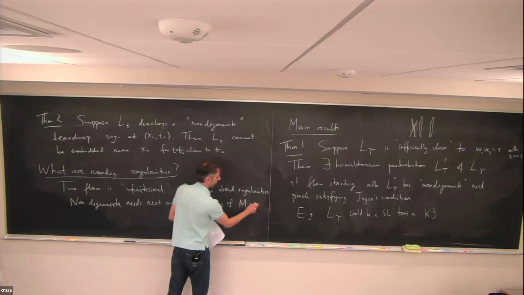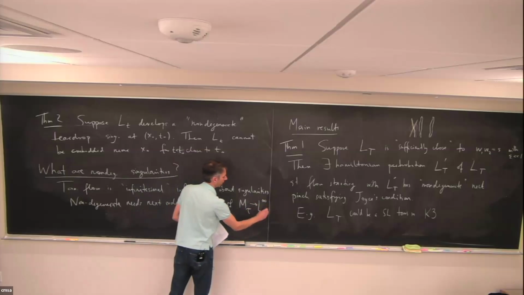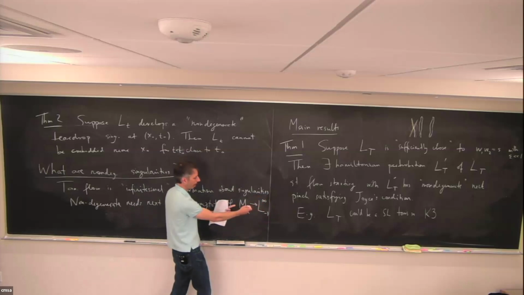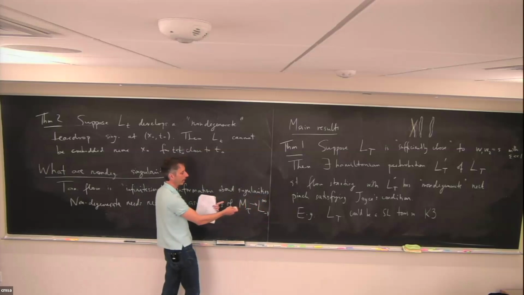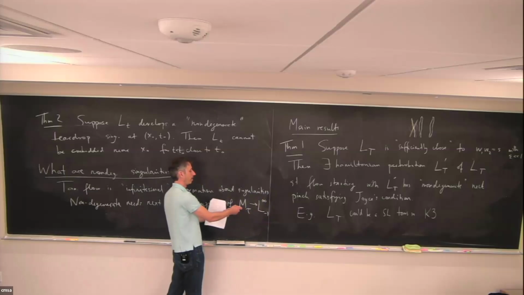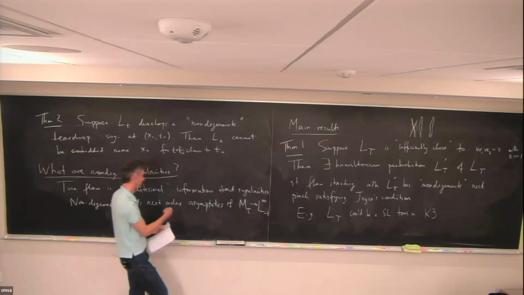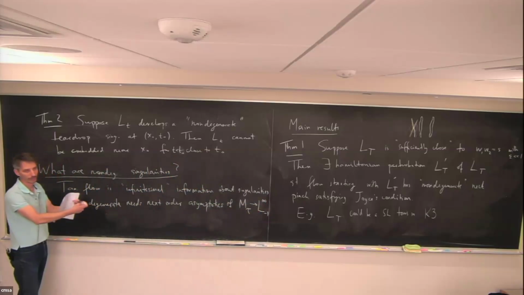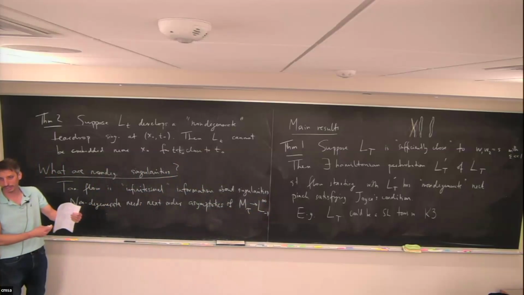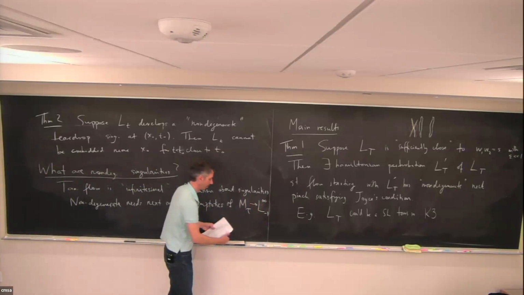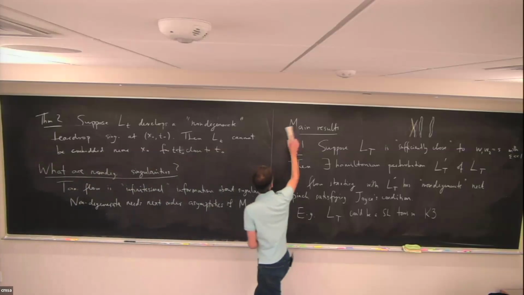So this shrinker, which in our case is a union of planes: knowing what the tangent fluid is just says that as tau goes to infinity, in some measure sense, this fluid tends to this union of planes. And then you could imagine some next order asymptotics: this plus what is the next term?